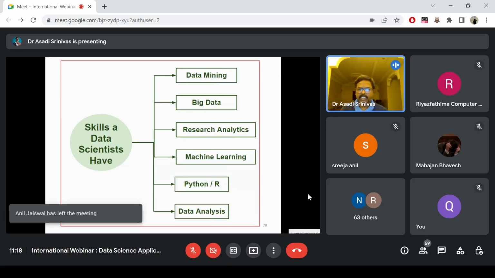Research analytics knowledge required: machine learning approaches like supervised learning, unsupervised learning, and reinforcement learning approaches we are using. Any programming language you can use: Python, or, and finally data analysis.